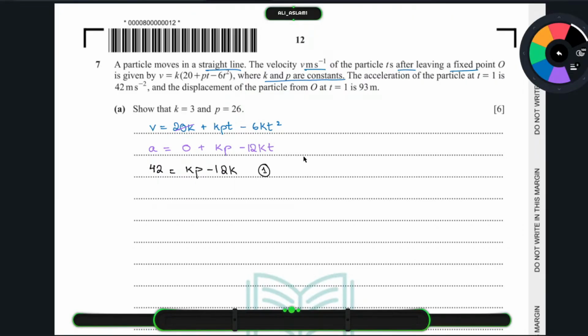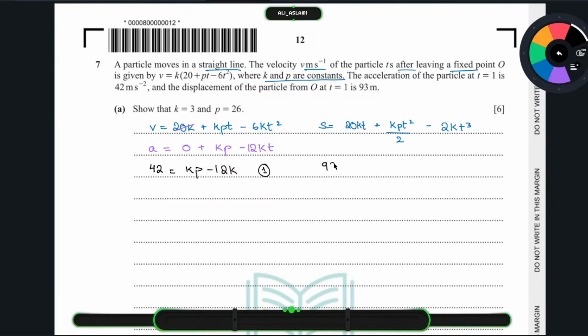And for displacement we have to integrate it. So s would be 20kt plus kpt squared divided by 2 minus, that would become 3 and t cubed, 6 divided by 3 is 2, so 2kt cubed. At 0 seconds there is 0 displacement, so I'm not writing c. And at t1 we know it's 93.